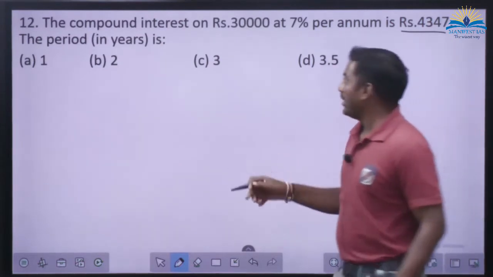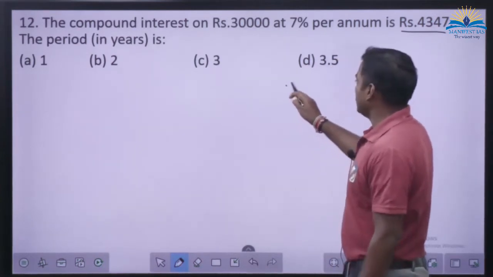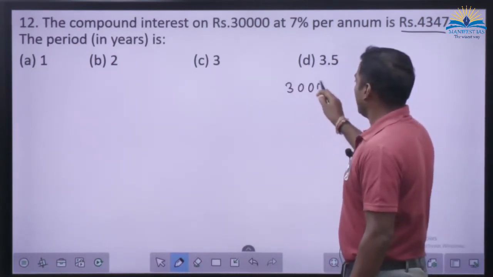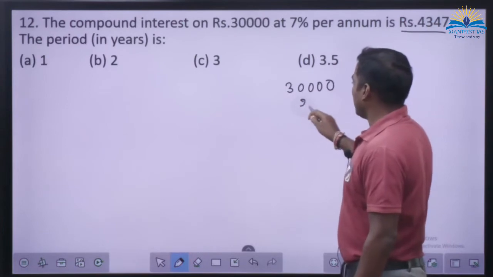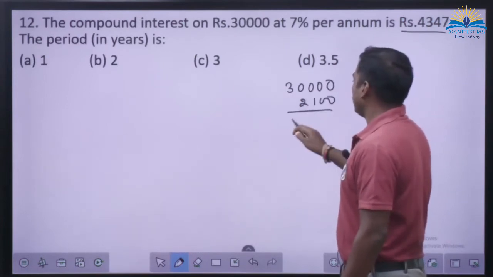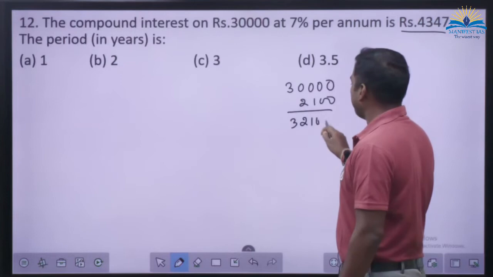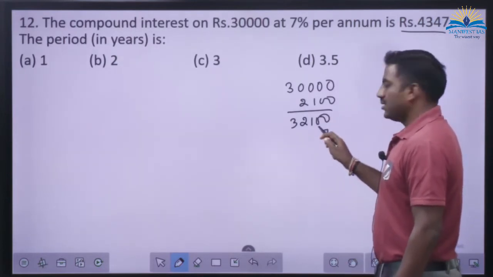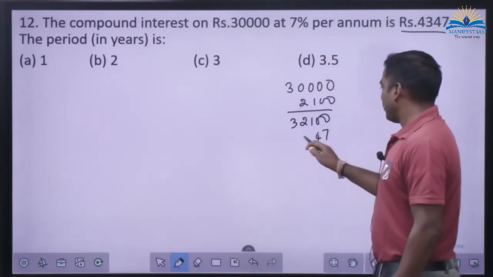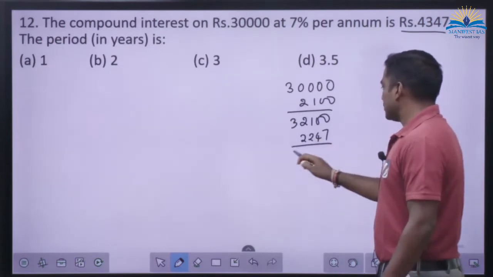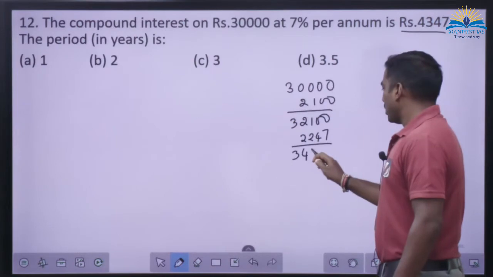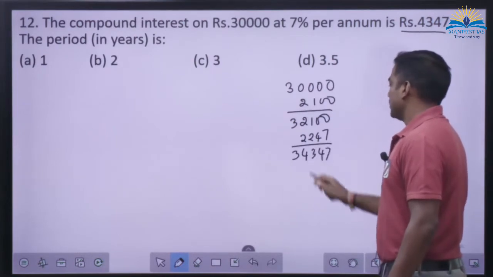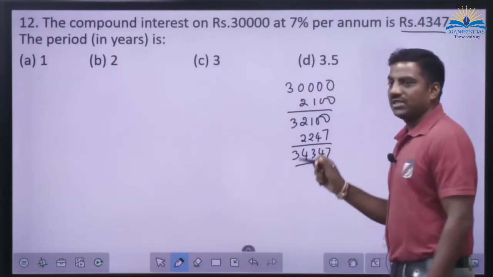Okay, if you want to calculate, you can go ahead like 30,000. First year, 2,100. So balance would be 32,100. Again, 7% on this. 7 ones are 7. 7 twos are 14. 21. So 22 here. So this is 3, 4, 3, 4, 7. So this 4,347 is extra.